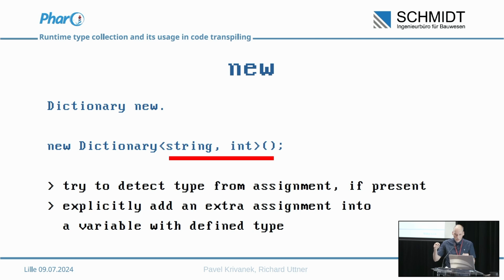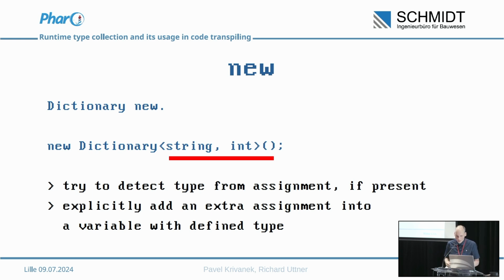So we try to find the assignment which is related to this new message send, and detect what is the type of the variable to which you assign. So in the end, we are able to resolve the types of such complex types. And if it's not there, then we mostly just simply create an extra variable that has a type annotation, and then we can simply continue.